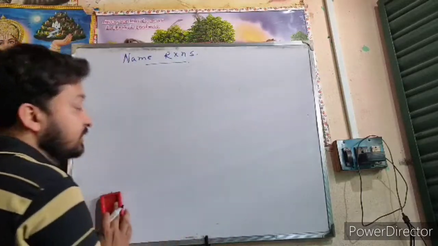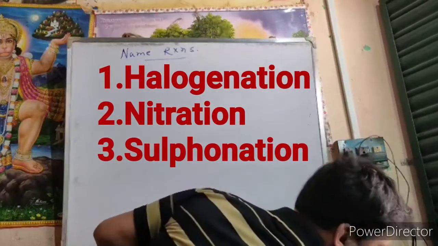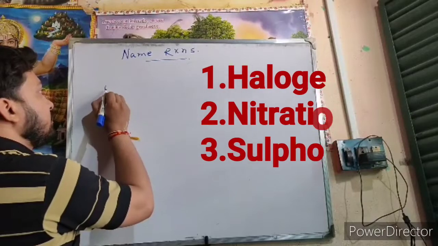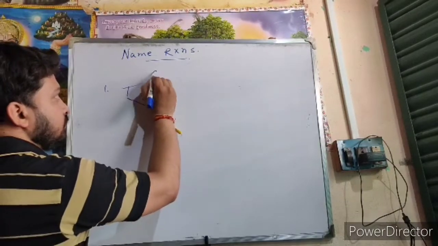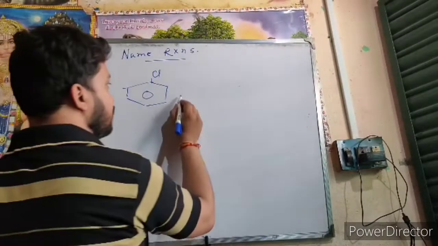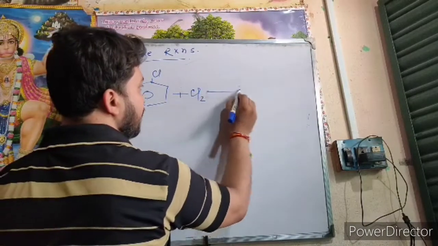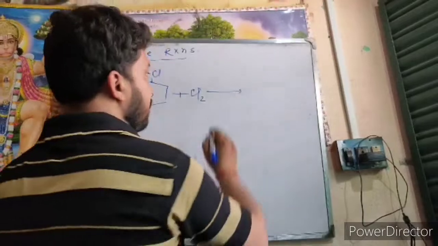It will also revise the chapter. You take number 1, chlorobenzene, in the presence of chlorine and anhydrous FeCl3.